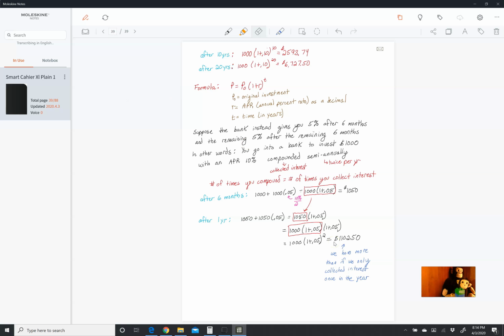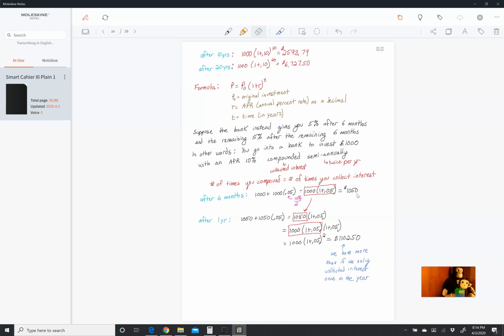Why that's happening. It's happening because we're not collecting the interest. We're not collecting the 5% on $1,000. The second 6 months, we're collecting 5% on $1,050. So we're collecting extra that we didn't have before. In the other case, it would be as if we collected 5% on 1,000 and then 5% on 1,000 again.